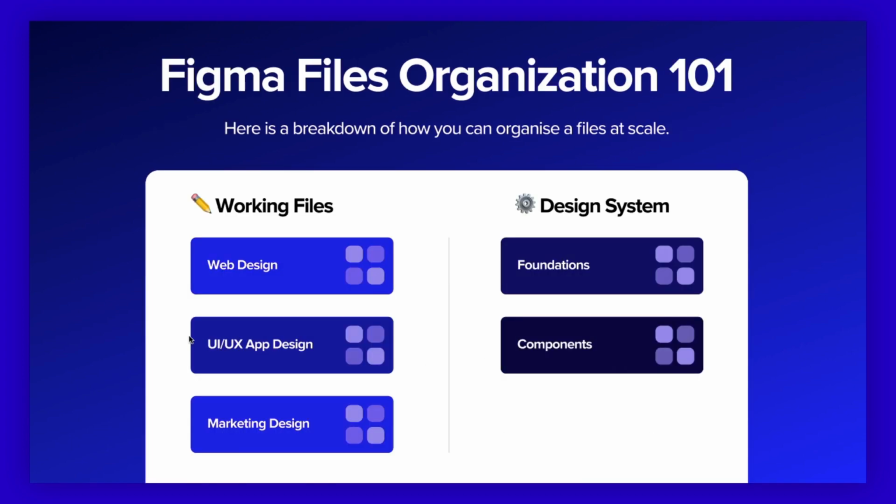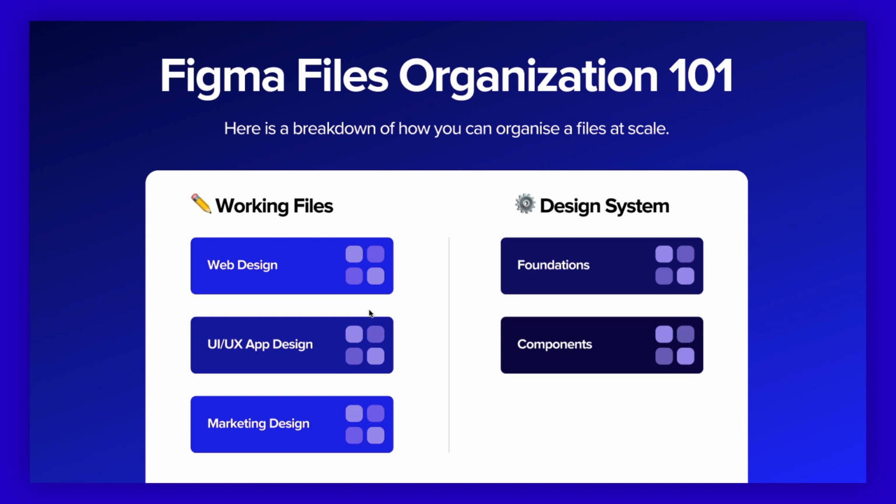Now let's move on to Figma files organization. Now when it comes to the organization, it's again going to depend on the client's specific needs. But when it comes to the working files, my recommendation from a high level would be to divide whenever the project is at a level of complexity where it's difficult to keep everything in one single Figma file.